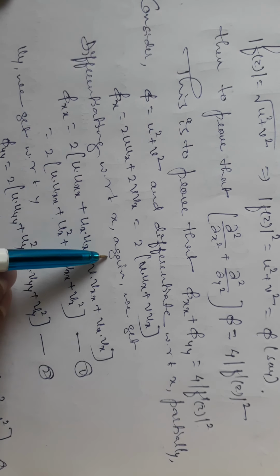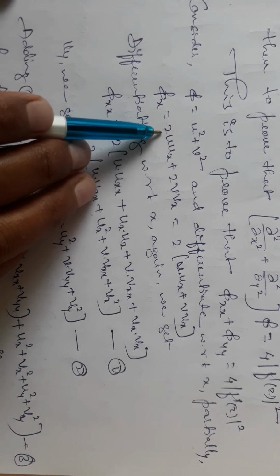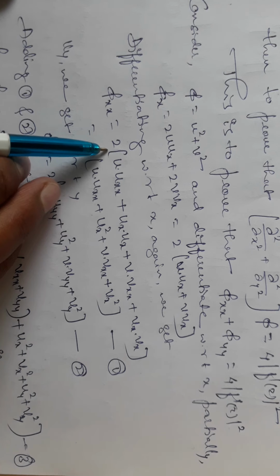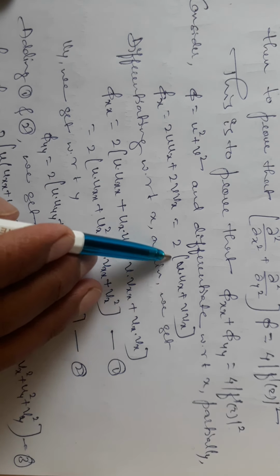Differentiating with respect to x again, we get phi xx equal to 2, I will take outside, u ux, that is, here you need to apply the uv rule.